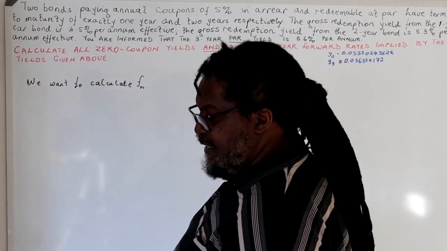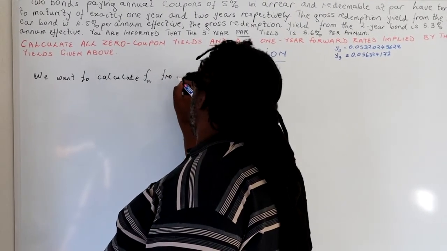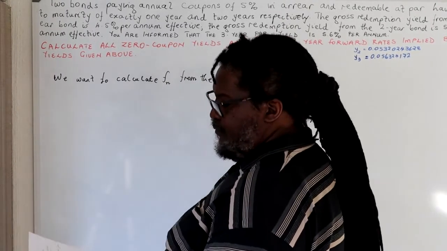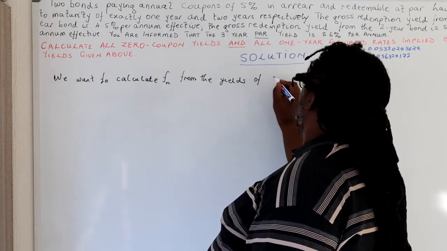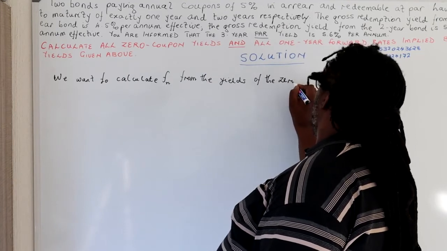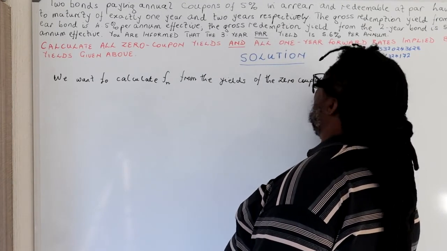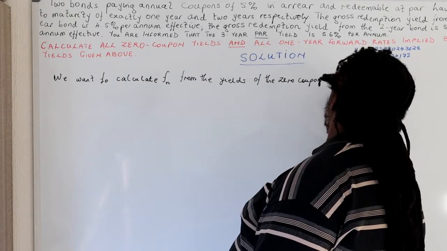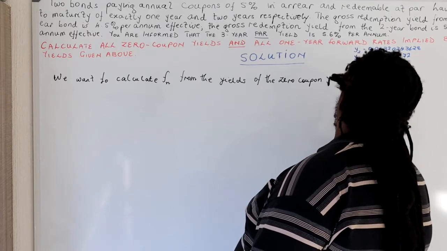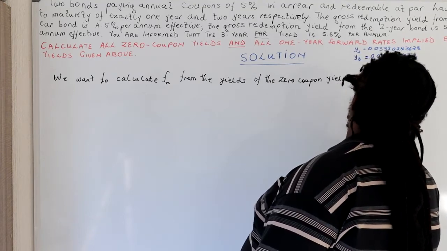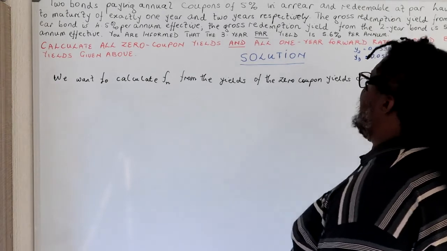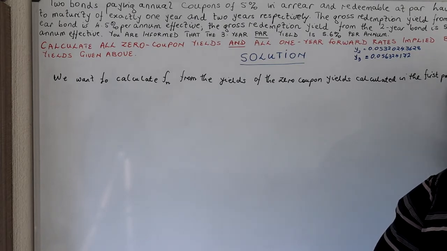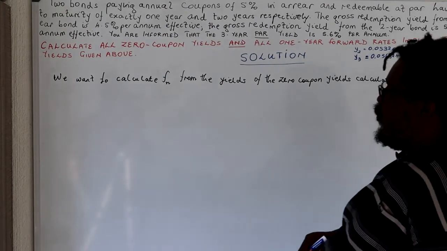So we want to calculate Fn from the zero coupon yields calculated in the first part of the question.